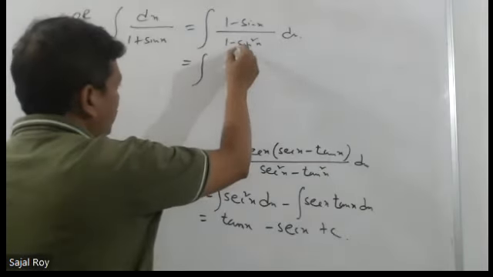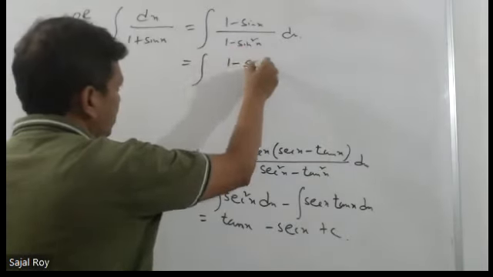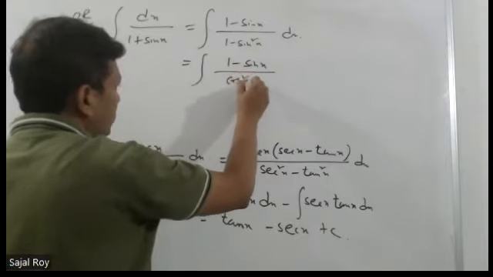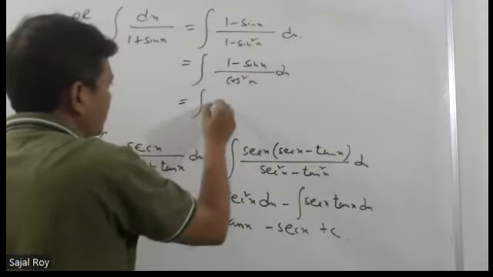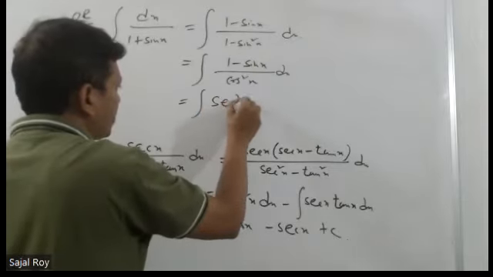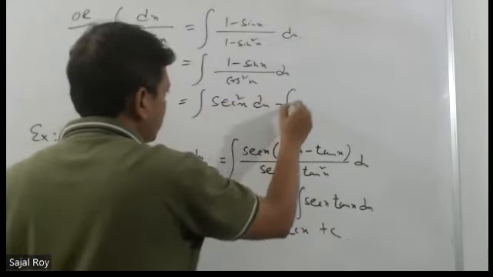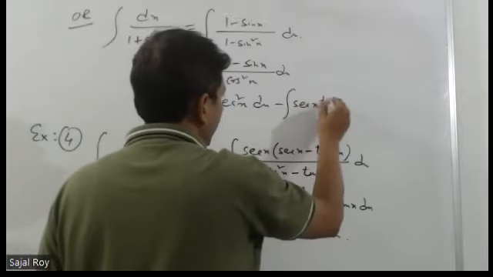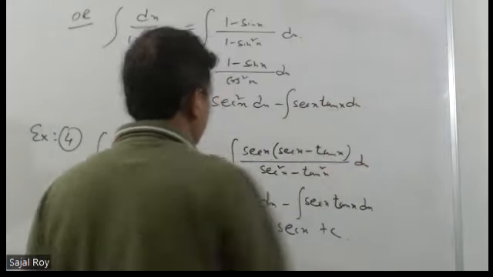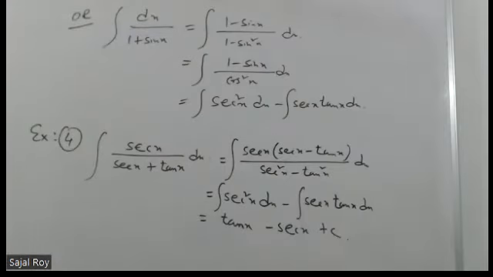So 1 minus sine square x is cos square x. So that is split into two parts. Sec square x dx minus sec x tan x. You see the same result will come. So there are two ways for solving this one.